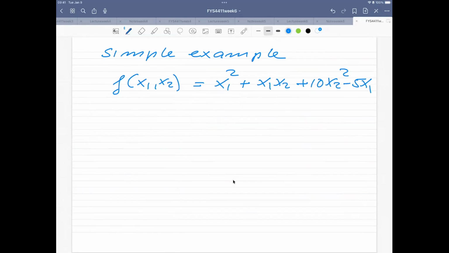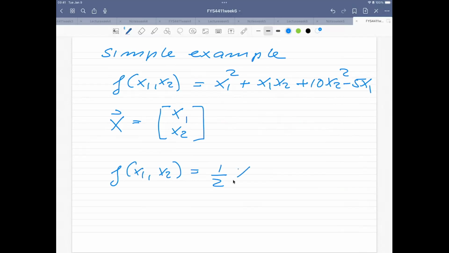Then we have a vector x, which is given by two components, x1 and x2. That means that I can now rewrite this equation here in terms of a matrix times these vectors. So I can rewrite this function of x1, x2 here in terms of 1/2 times this vector transposed times a matrix, which is now given by 2, 1, 1, and 20. And you can see when you write this out, you will actually get back this equation.